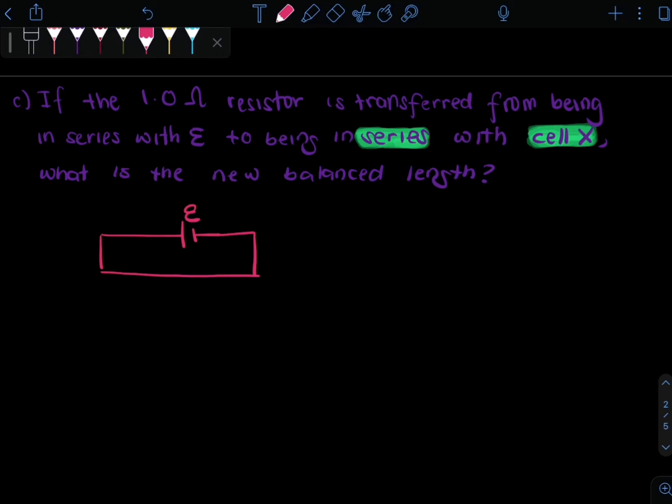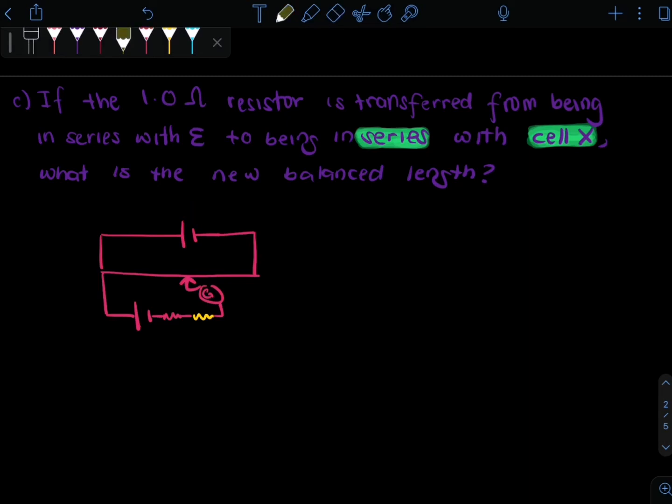We have our potential wire AB connected across our battery here with internal resistance, and also this new resistance yang kita tambah sekarang.